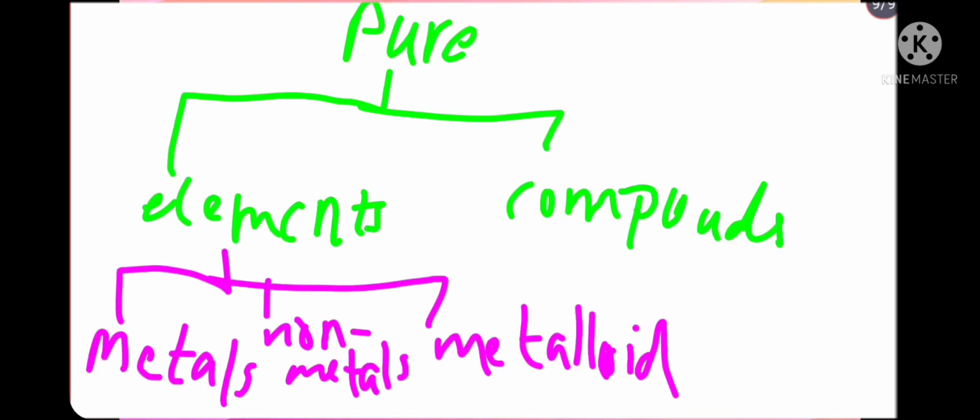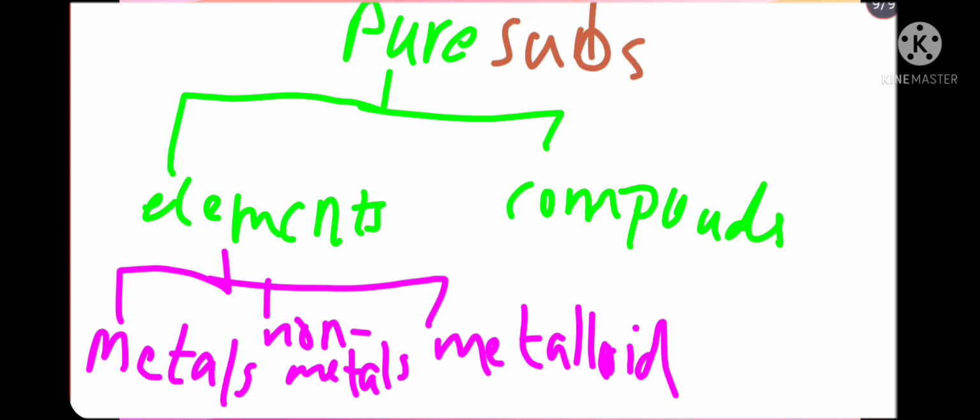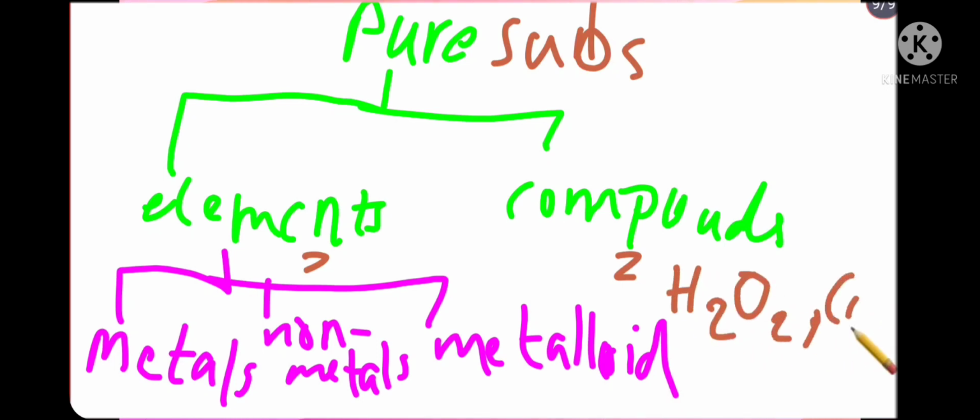The pure substances are broadly classified into two: elements and compounds. As you all know, a compound is a combination of different things, like H2O water and CO2 carbon dioxide.